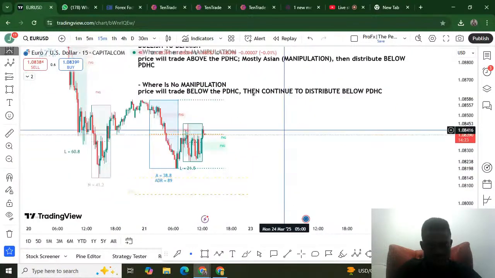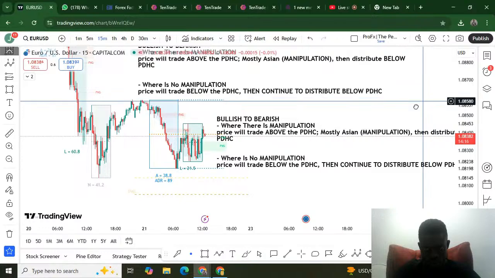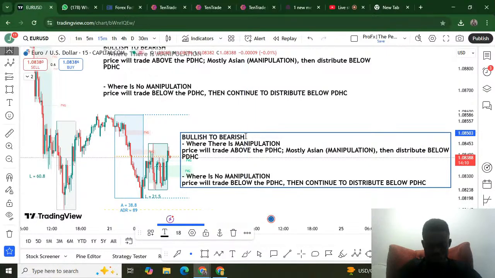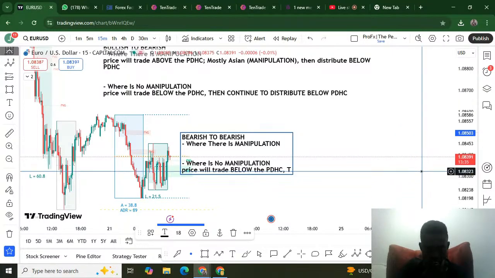So let's do bearish to bearish. What will bearish to bearish mean? It means there's manipulation and there is no manipulation.